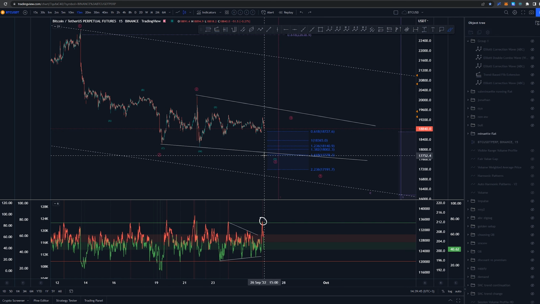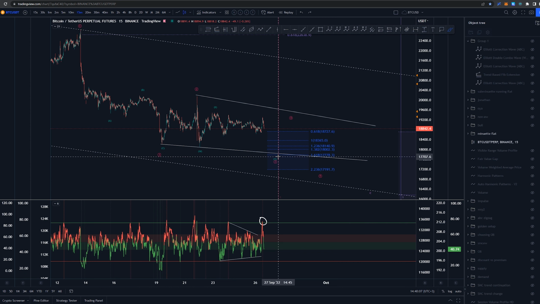So why am I even comparing these two? Because on contracting diagonals, each subsequent wave structure should be using less time and should be smaller than the previous wave structure. Of course, that is not always going to happen depending on the rule set you're using for diagonals, but it's very common to see that.